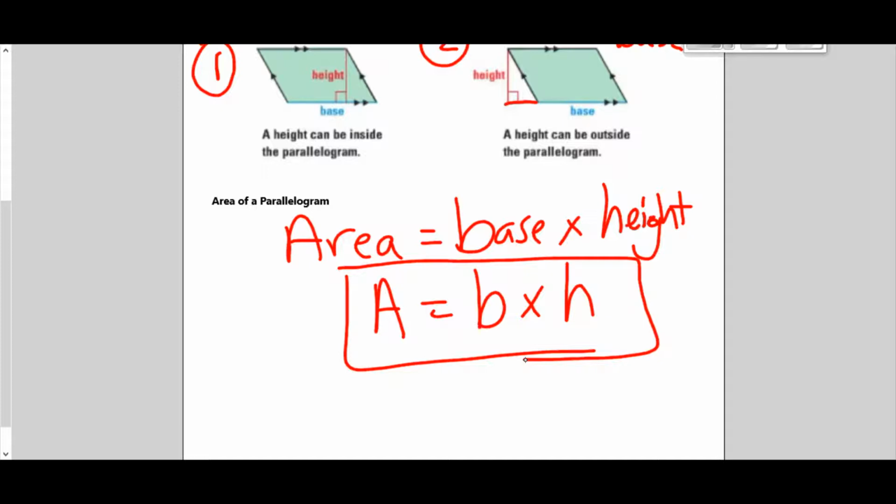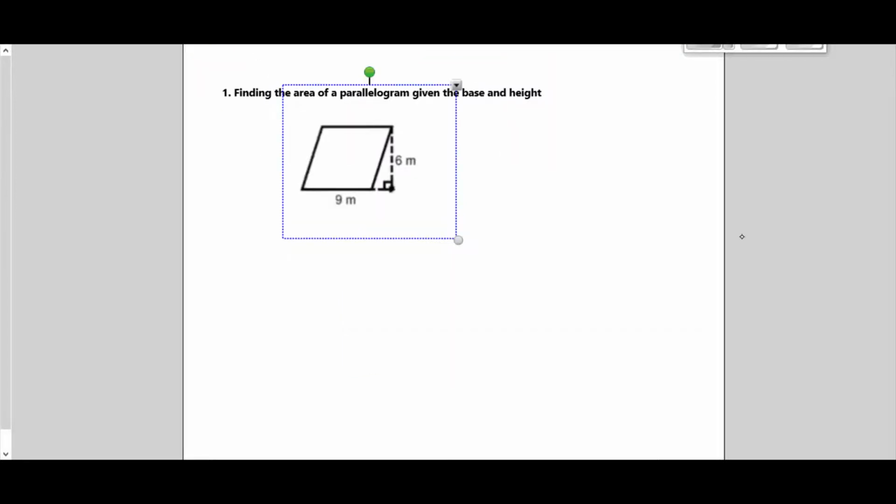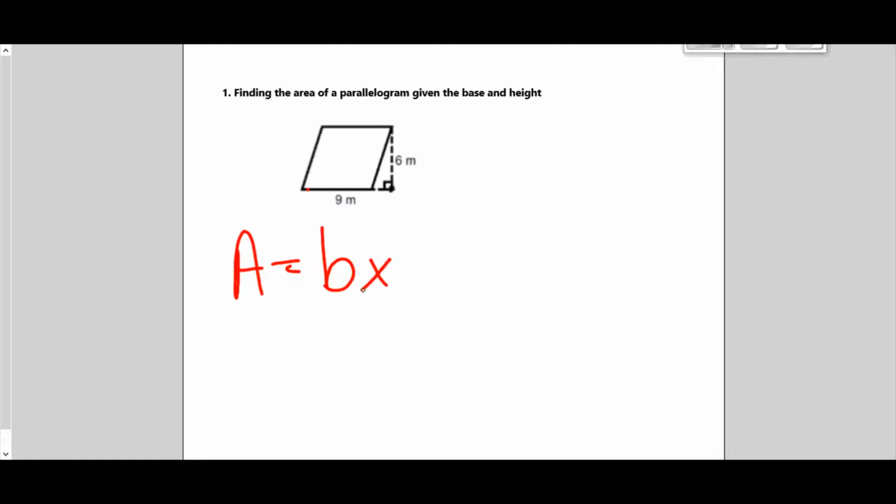So let's look at an example. Example number 1, find the area of the parallelogram given the base and the height. We'll start off with the area formula: area equals base times height.